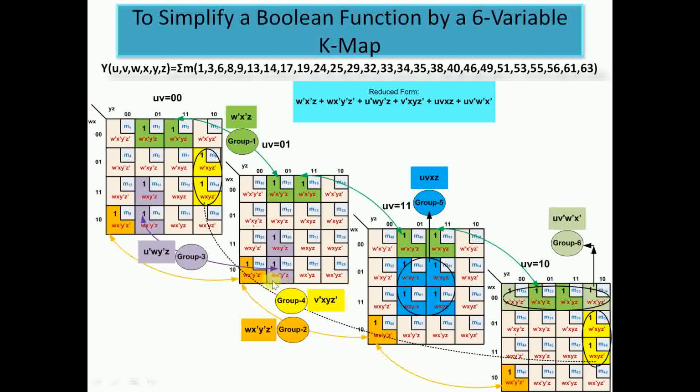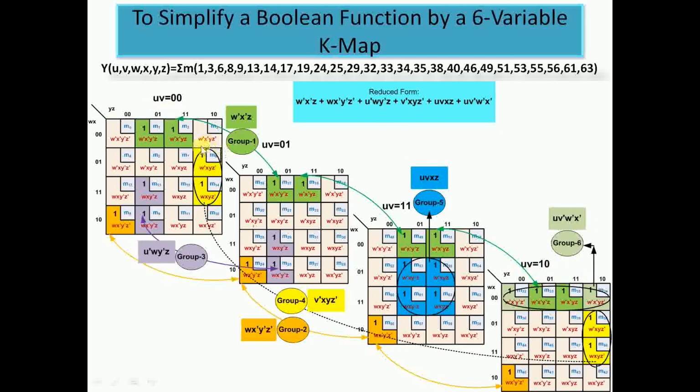Then we have group number 4. Since I have said that the min terms in this map can combine with the min terms in the first map, that is UV is equal to 0, 0 can combine with min terms in UV is equal to 0, 1.